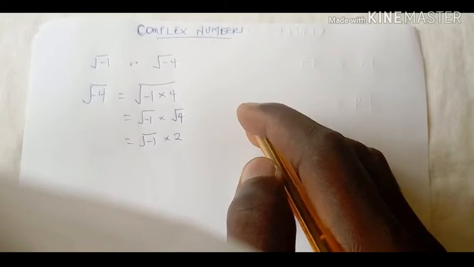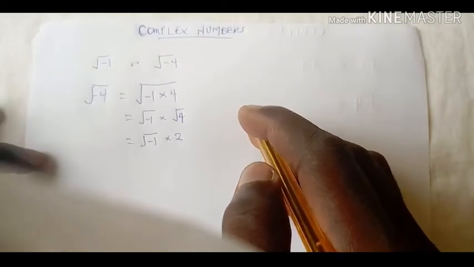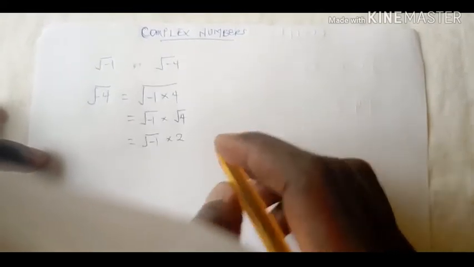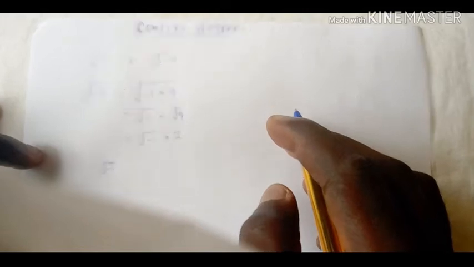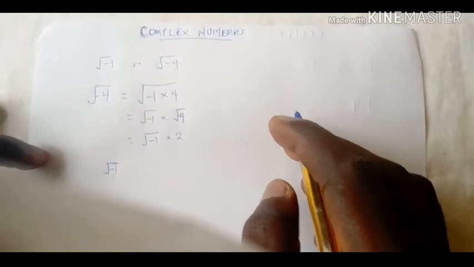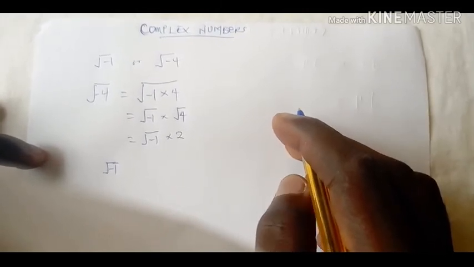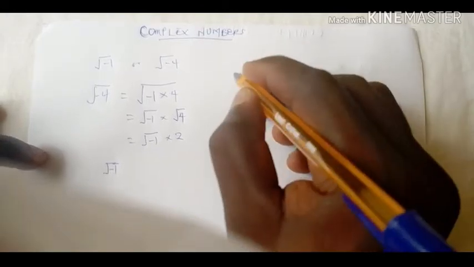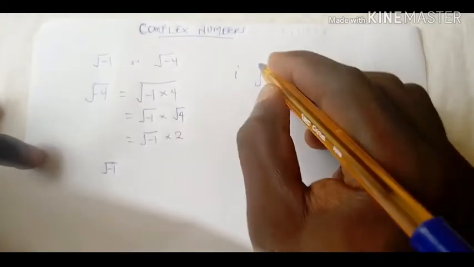So with this, some people sat down and said, why don't we represent this root of -1 by a unit? And that unit we call the imaginary unit. Some books use i, others use j. Whichever one they use is the same thing.